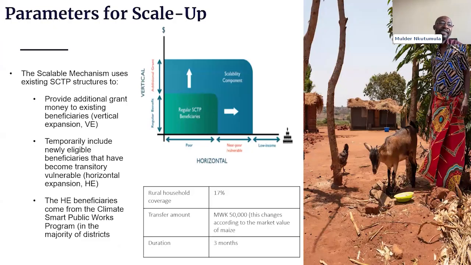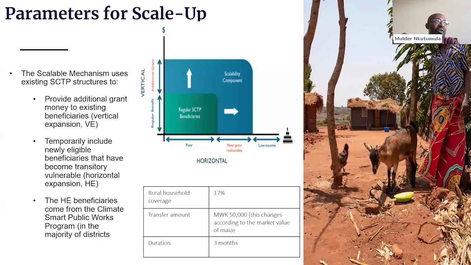So in the first picture on top, you can see that we have the vertical and the horizontal expansion, whereby the vertical expansion is the amount of the cash transfer that we give. Under the vertical, we have what we call the regular social cash transfer beneficiaries.